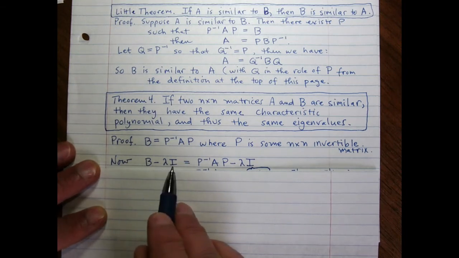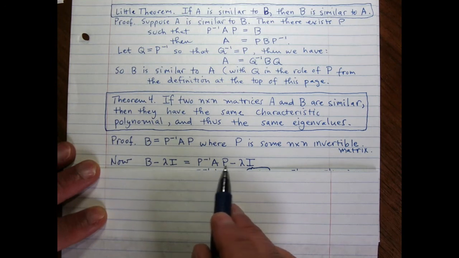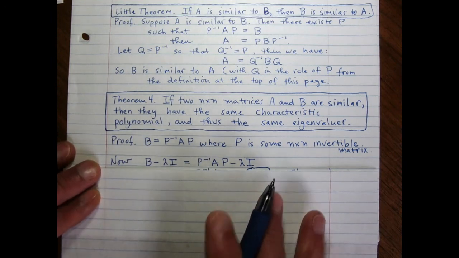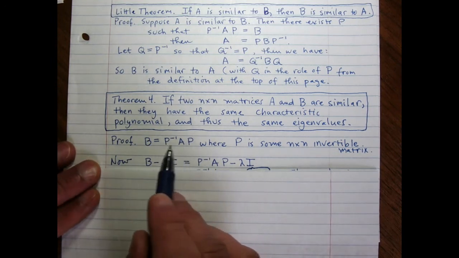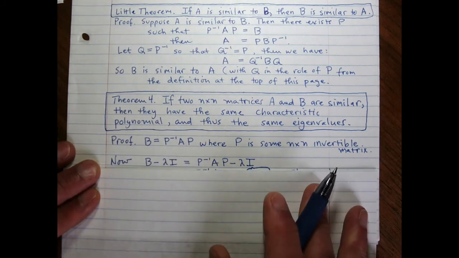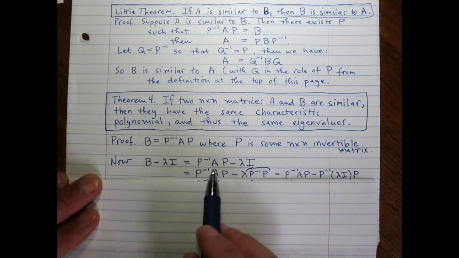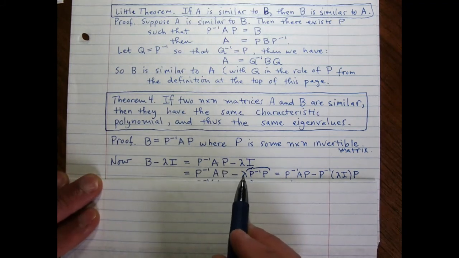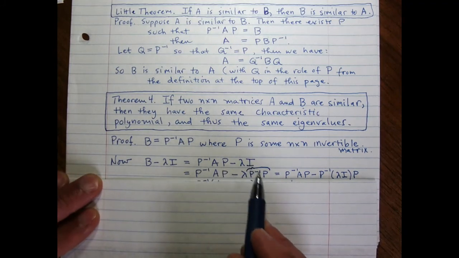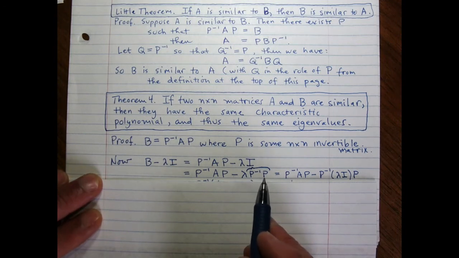B minus lambda I is the same thing as P inverse AP minus lambda I, just substituting this product on the right for B. And then we're going to rewrite I as P inverse P, because P inverse P has to be equal to I.